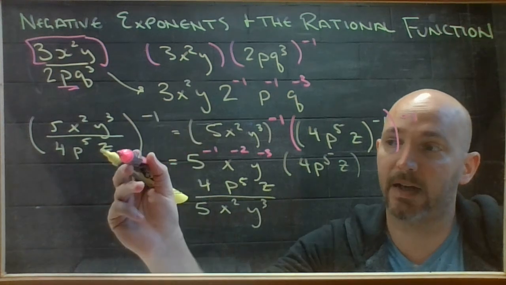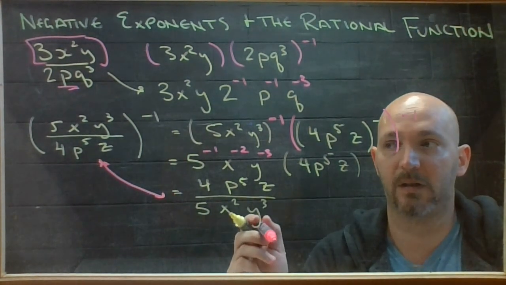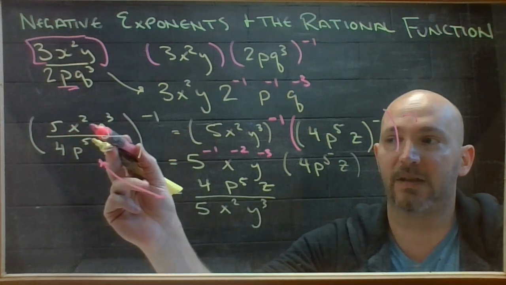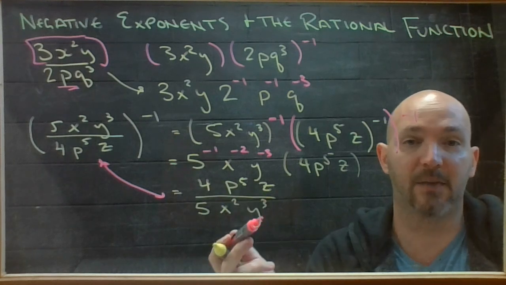Now, if you look at this fraction and that fraction, everything that was in the numerator is now in the denominator. Everything that was in the denominator is now in the numerator.